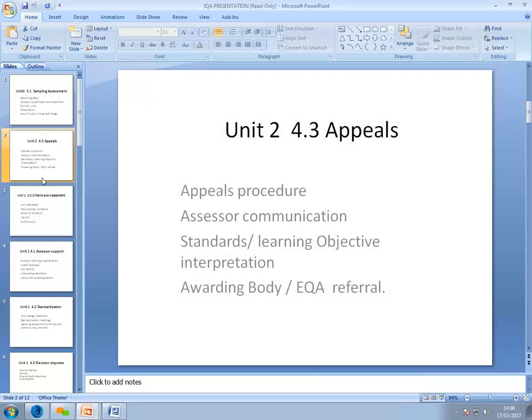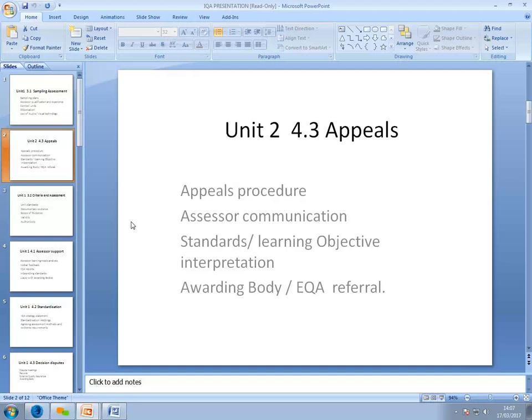Appeals procedures, assessor communication, standards, learning objectives, education. Every system has an appeals procedure. If a student, for instance, is not happy with an assessment that has been made, he first takes that up with the assessor himself.